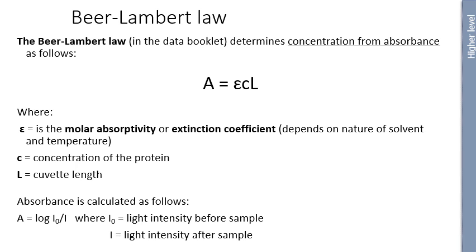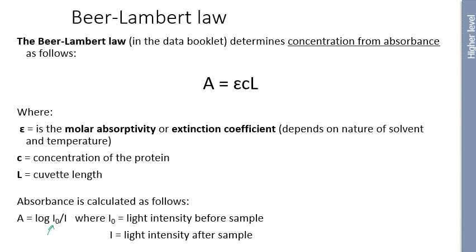There is a logarithmic ratio between the intensity of light emitted by the monochromator, I naught, the initial, and the intensity of light passed through the sample, I, and this is known as the absorbance, capital A. There's the equation there: A is log base 10 of I naught divided by I.